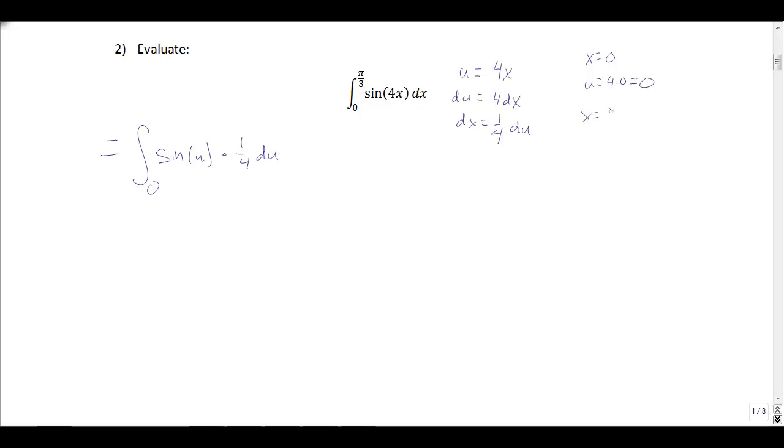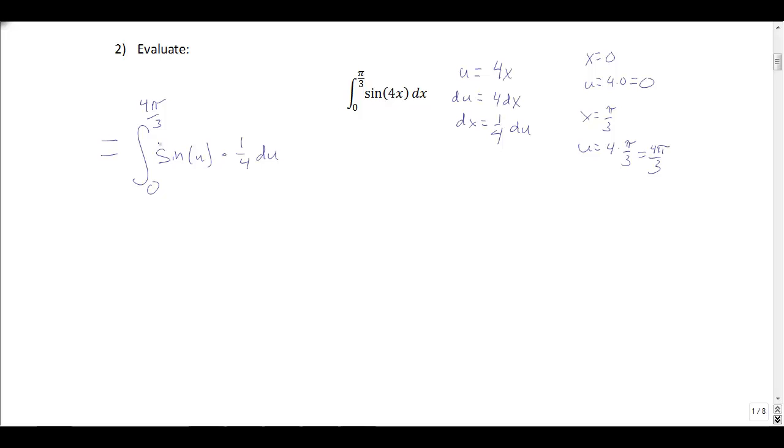When x equals pi over 3, then u is 4 times pi over 3, so that's 4 pi over 3. So you can change your bounds to be in terms of u. That will work out just fine. The other thing to do is do the original problem as an indefinite integral, ignore the bounds, get an answer, and then plug the bounds into that. Some people will mix the way they write that. We'll do that at the end.